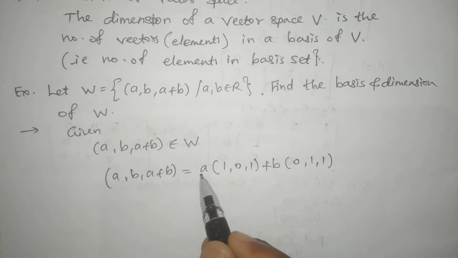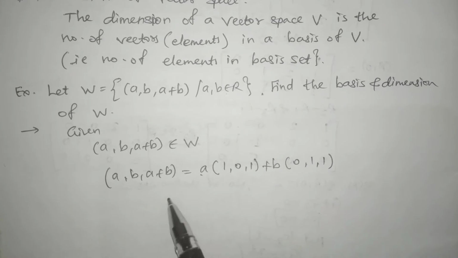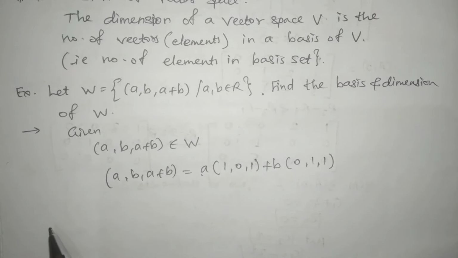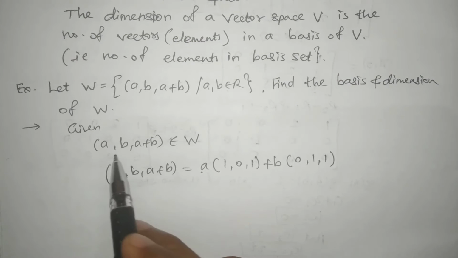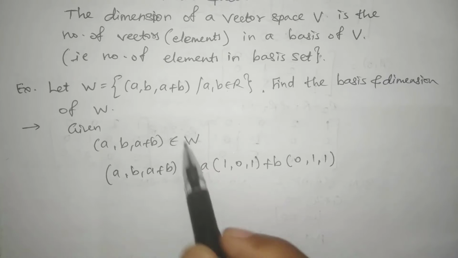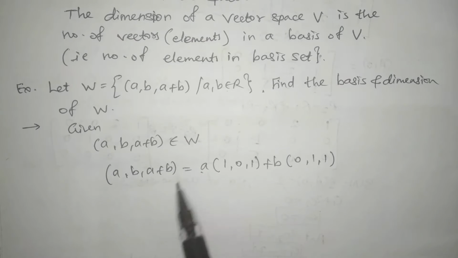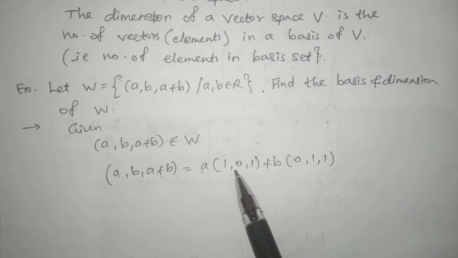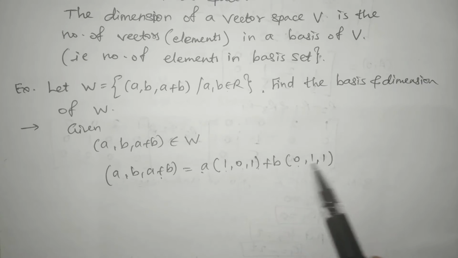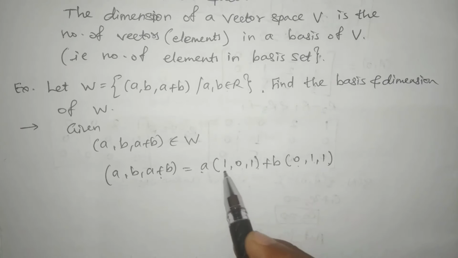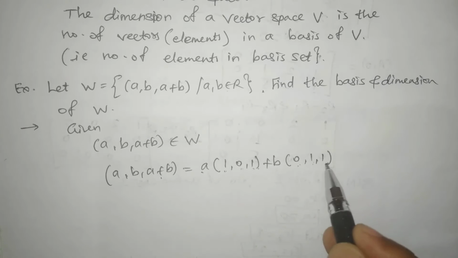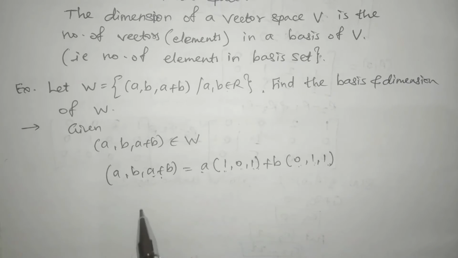That means we can take a common from this and b common from this, and you will get this. So this (a, b, a plus b) is any element from W, and that element can be written as a linear combination of (1, 0, 1) and (0, 1, 1). That means (1, 0, 1) and (0, 1, 1) span W.